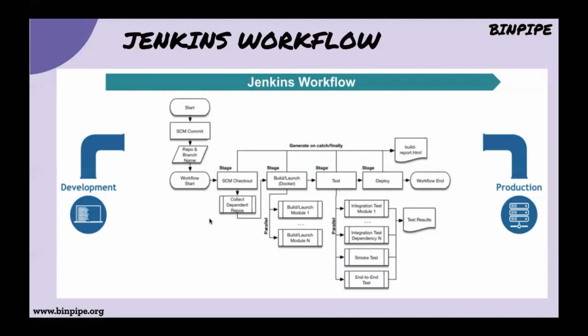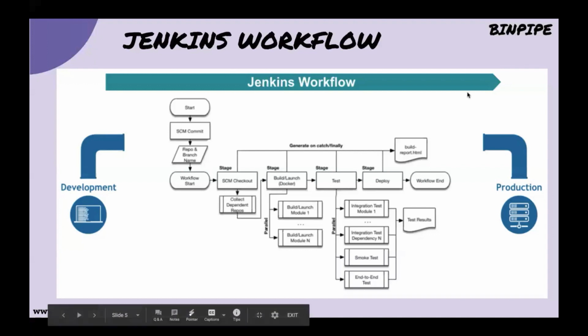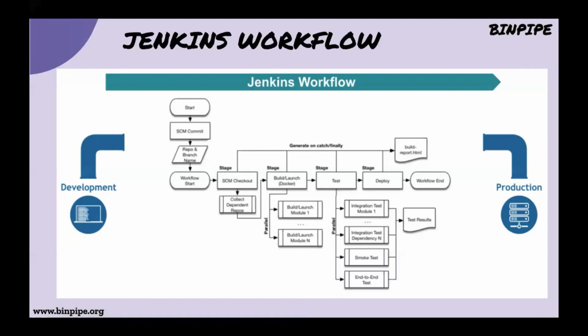So that is how the Jenkins workflow goes. As we move ahead in the pipeline, this complete picture will become clear. But I just wanted to introduce you to the entire Jenkins workflow so that you know what is going to come when we do our further sessions.